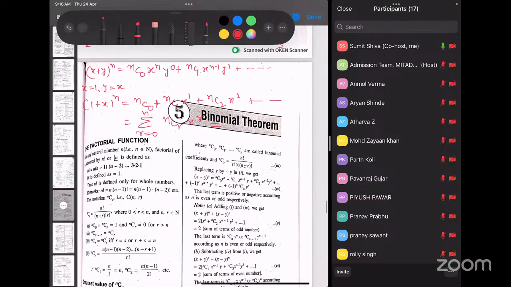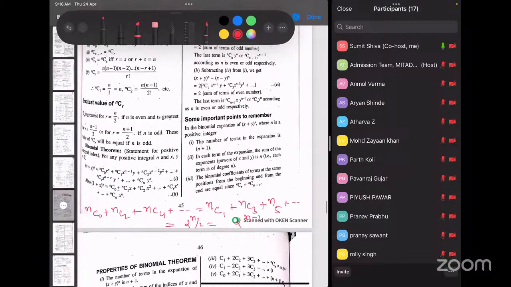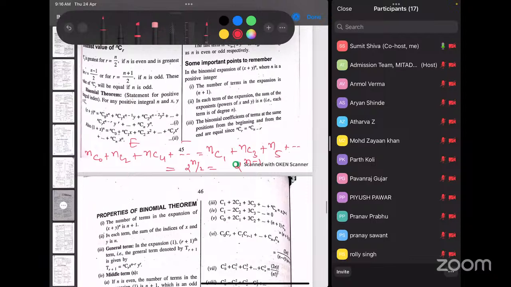If even minus odd equals 0, even will be equal to odd, which implies the same fact, that even equals odd equals 2^(n-1). So these are some standard results from the binomial expansion. And if there are questions regarding the sum of the binomial coefficients, you can substitute the value of x into the expression, and that will give you the answer directly without solving it. Are you getting it or not?